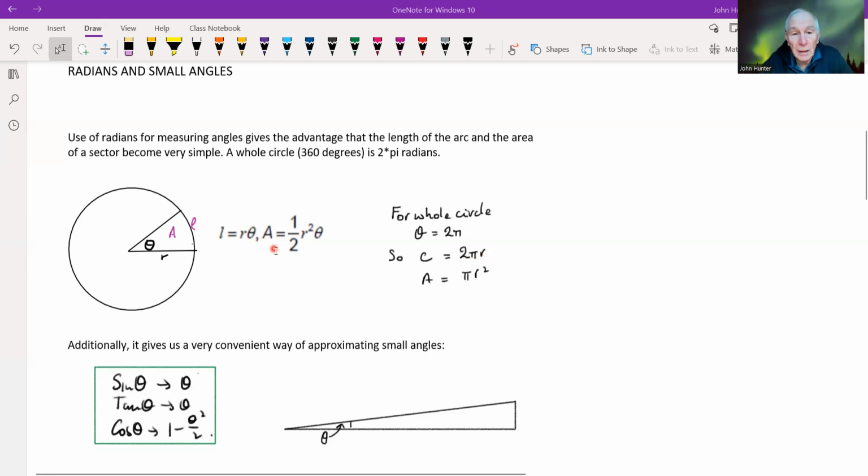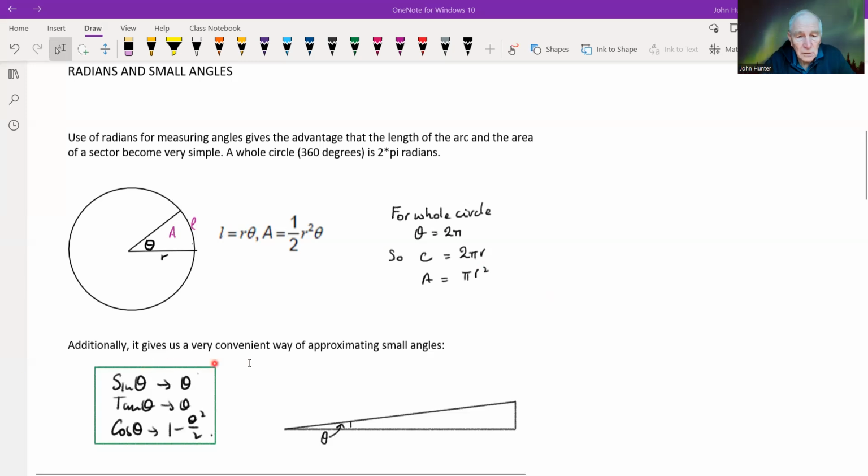And for the area, again theta would be 2 pi, so we would have a half times r squared times 2 pi, which is pi r squared, so it checks out. Right, so it is a convenient way, and in general, in the more analytical kind of maths, you tend to be working in radians.